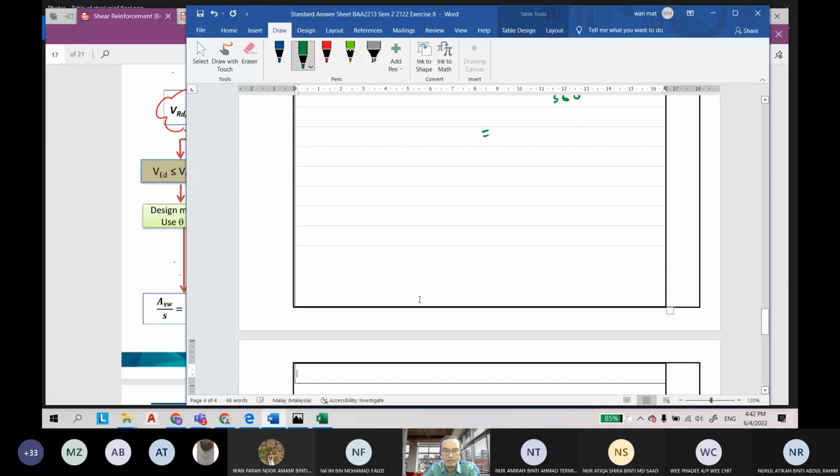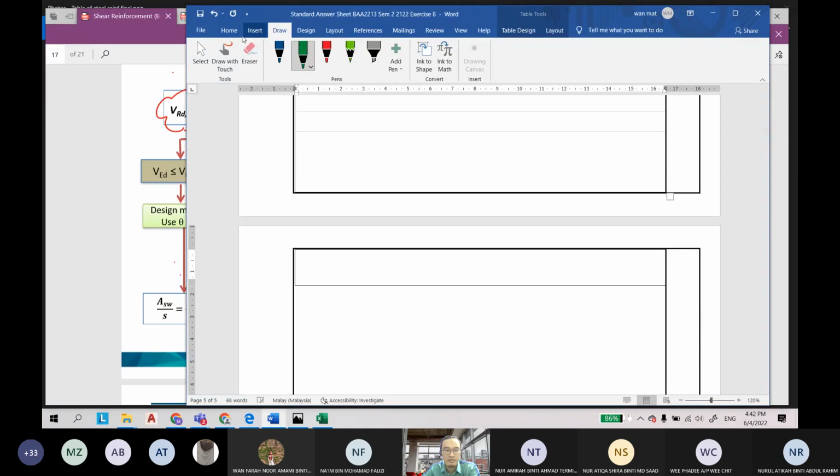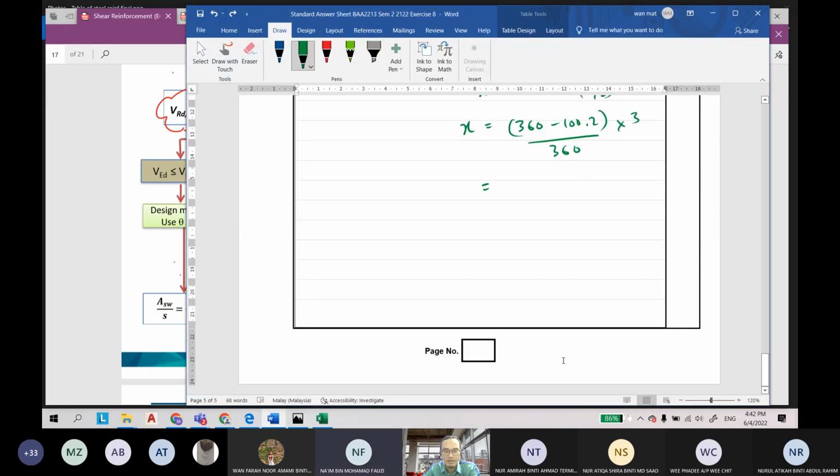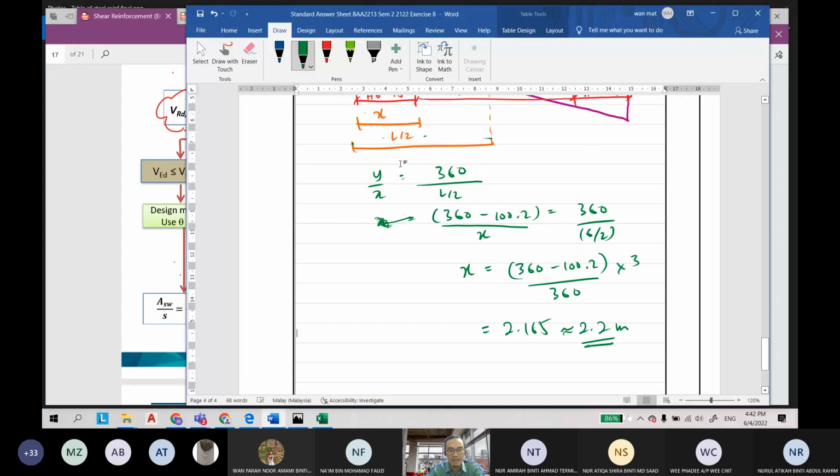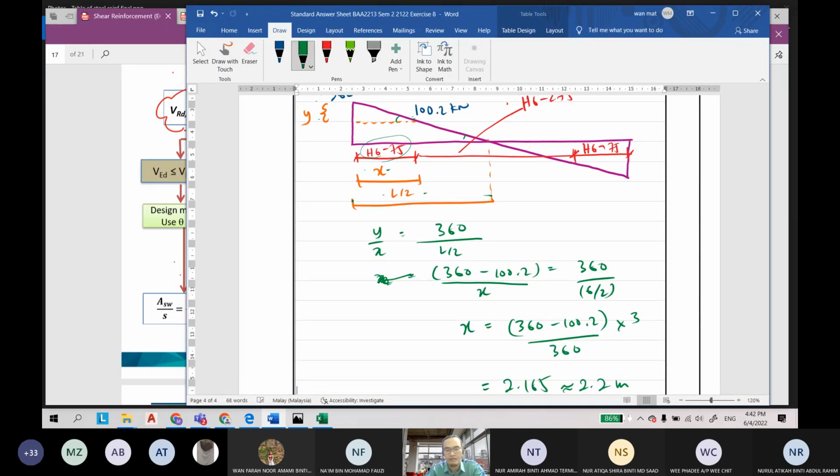Sorry. 2.165. So we just round it to 2.2 meter. So X is 2.2 meter, which means within 2.2 meter from the support we can use H6 75.